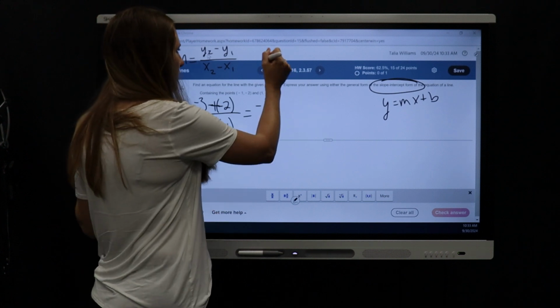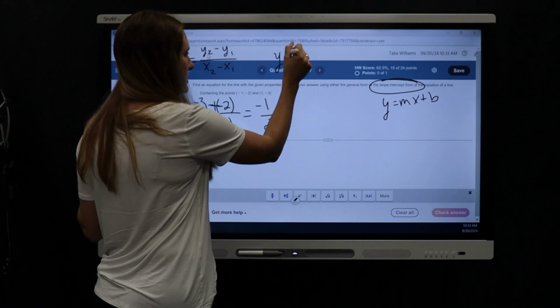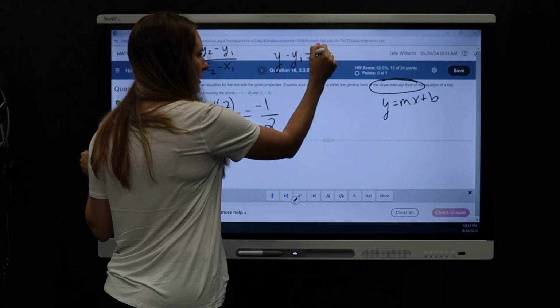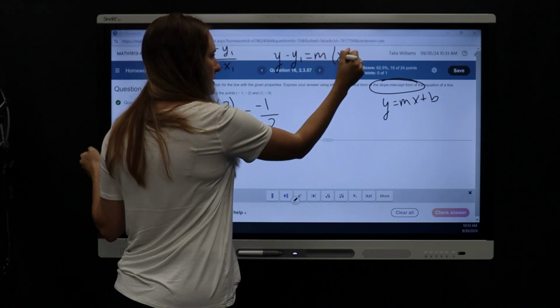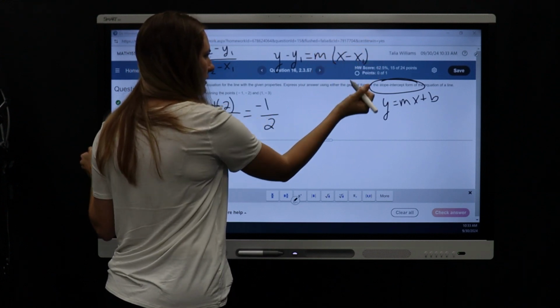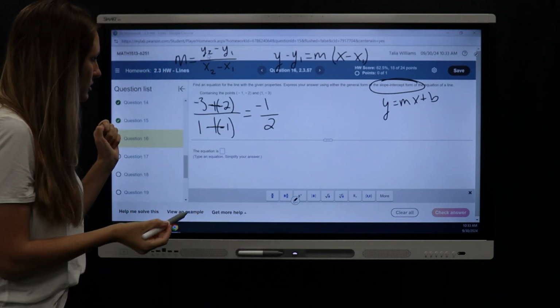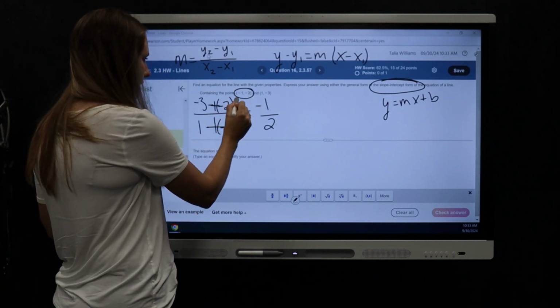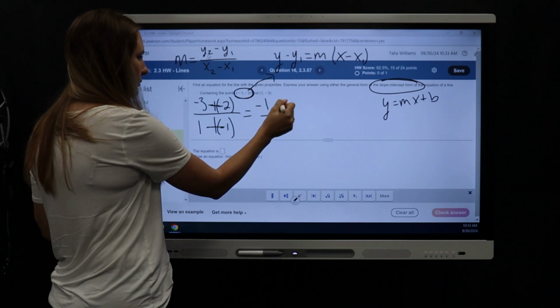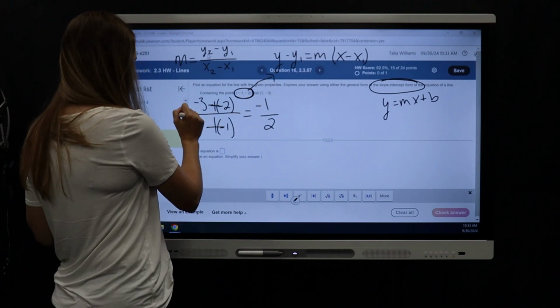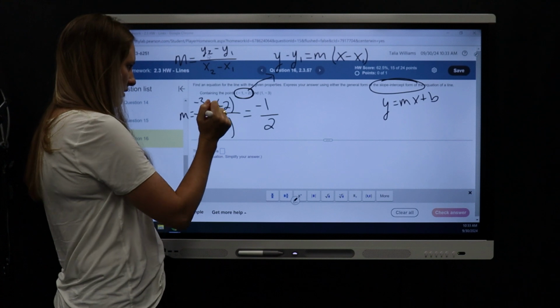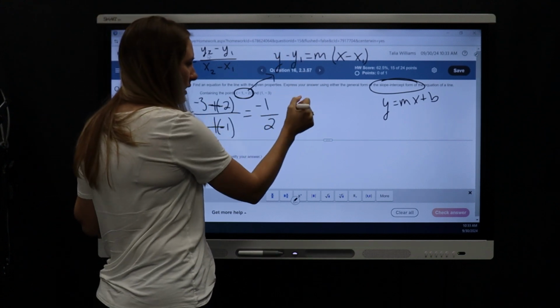So I'm going to write point slope right here. y subtract y1 equals m times x subtract x1. I think I want to use this double negative point right here for this form, and then we have our slope that we also have to use. Here. There. So y is y.